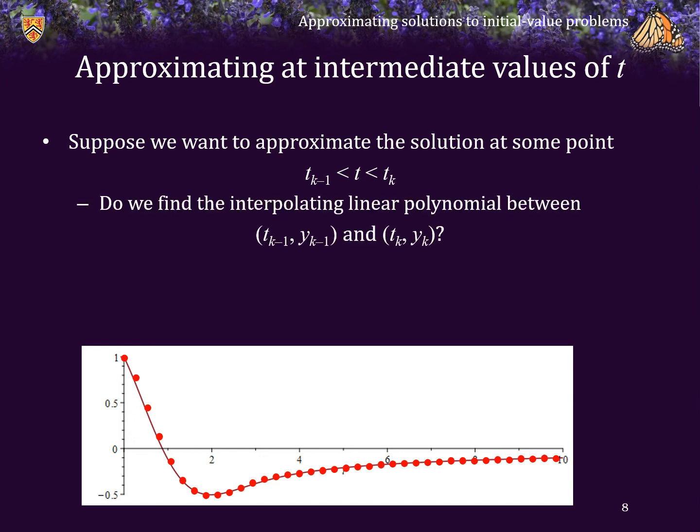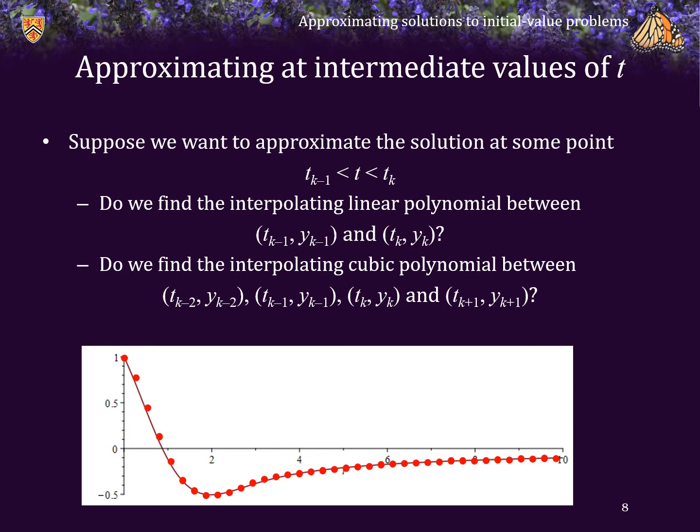Do we just find the interpolating linear polynomial between 2 points? Well, a straight line isn't really differentiable, and then we'd be approximating a continuous and differentiable function with a piecewise linear function which is not differentiable at any of the points. Probably not.